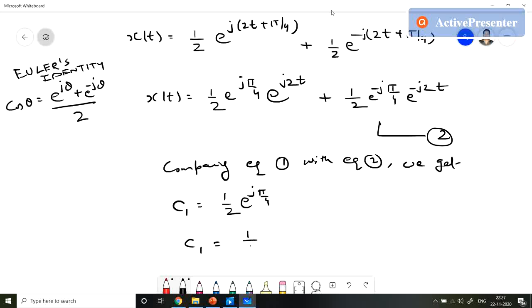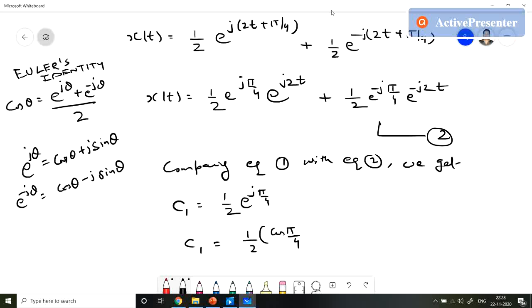Again I am using Euler's identity, e raised to the power j theta is equal to cos theta plus j sin theta, and e raised to the power minus j theta is equal to cos theta minus j sin theta. So it is cos pi by 4 plus j sin pi by 4, that is 1 divided by 2 times (1 divided by root 2 plus j times 1 divided by root 2).